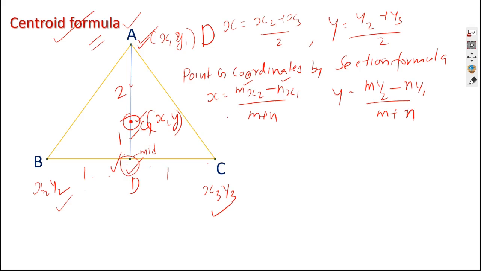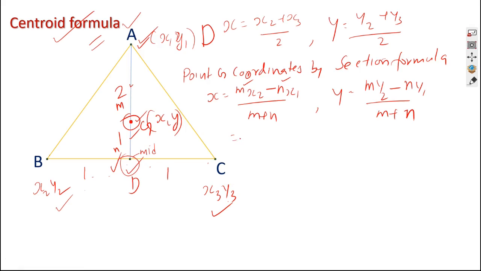We will apply that formula here in order to get the location of G, which is in the 2:1 ratio. To make it very clear, let us put this as m and this as n. Let n be 1, m be 2.